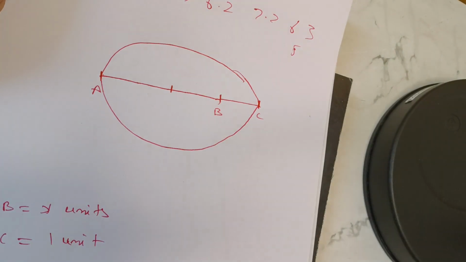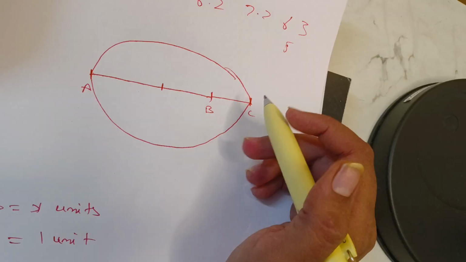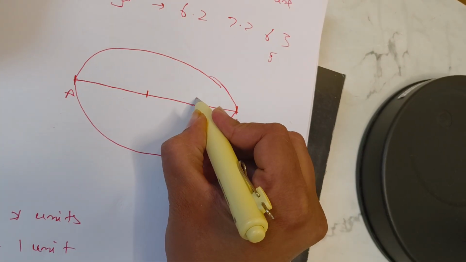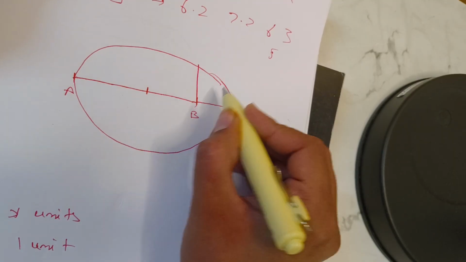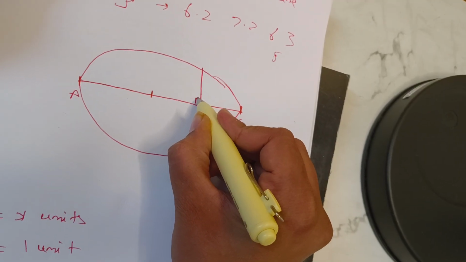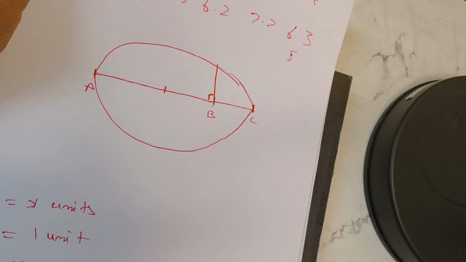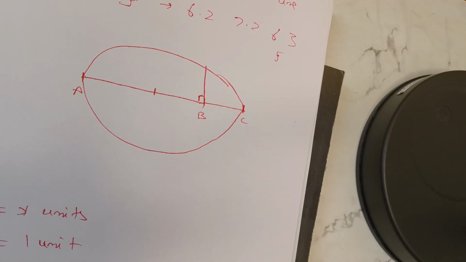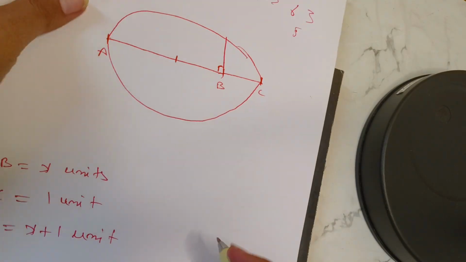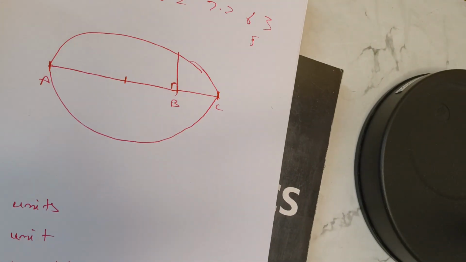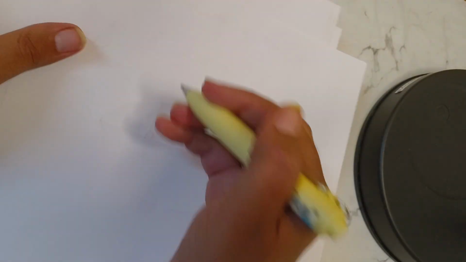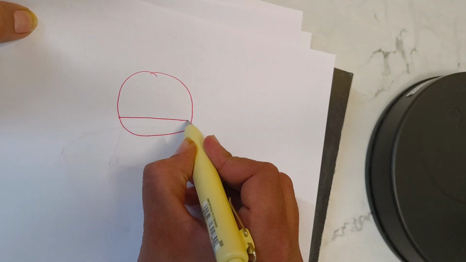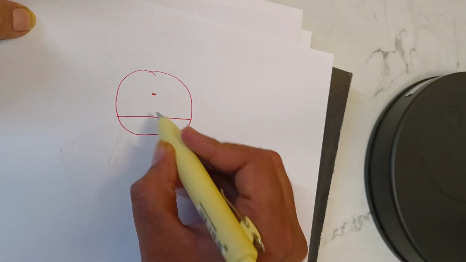And now from B we will draw a perpendicular, 90 degree, like this. This is the 90 degree from B. So there is a property of circle. Let's suppose this is the circle, this is the center and this is the chord.